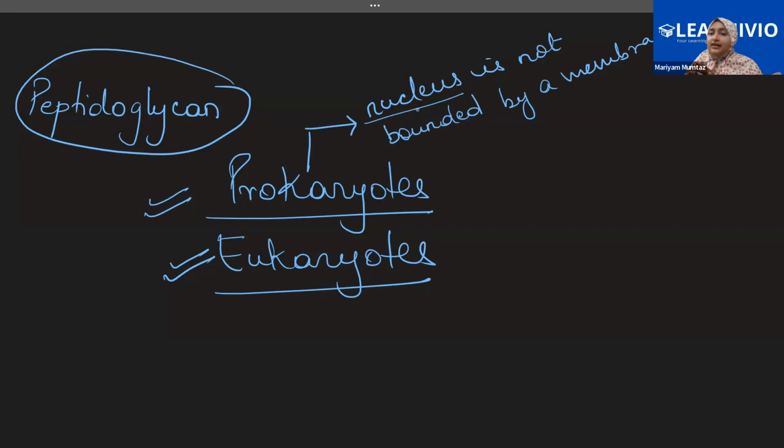A membrane surrounds the nucleus, and that is known as a membrane bound nucleus. Anything which is surrounded by a membrane becomes membrane bound. So in the prokaryotes it is not surrounded by a membrane, and in the eukaryote it is 100% surrounded by the membrane.